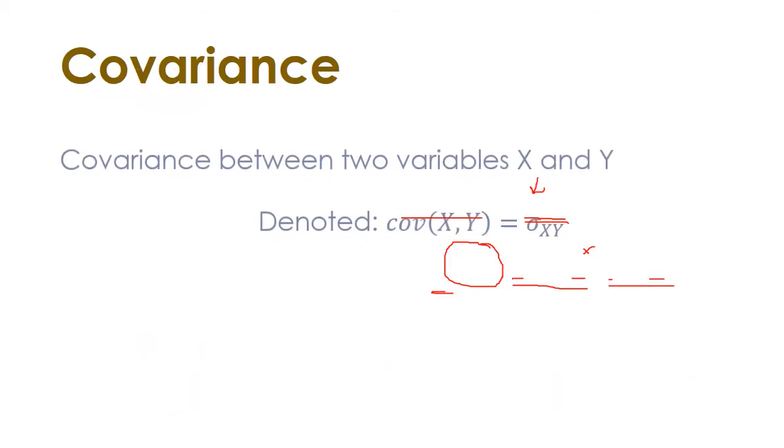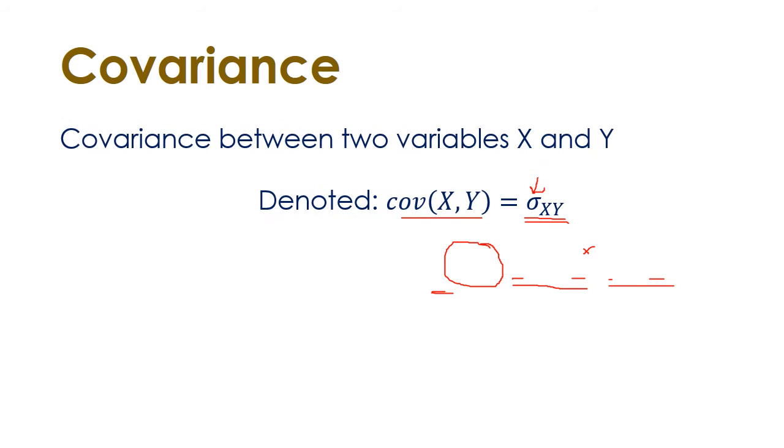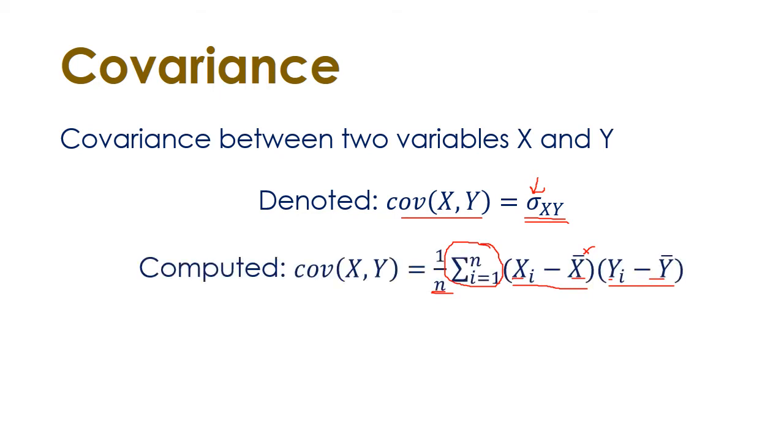Now, the covariance between two variables, x and y, is denoted as cov xy, and we write it in symbolic form as sigma xy. This sigma is the same one that we use when we are computing the variance, but here we are talking about covariance, not the variance. To compute the covariance, it is given by this formula.